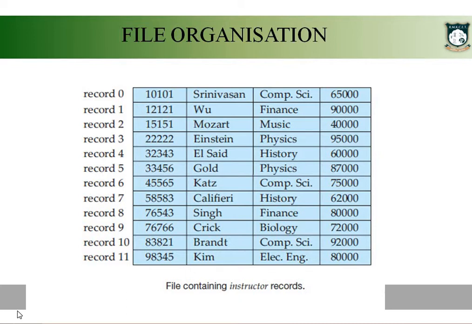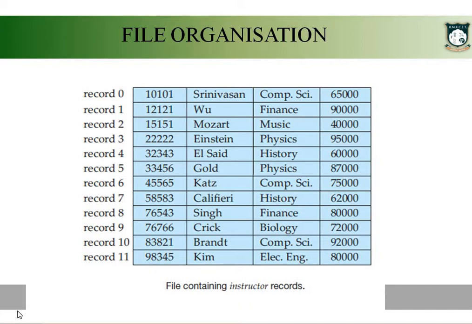Now for example, just consider the example that is presented on the screen. There is an instructor table with 4 fields: instructor ID, instructor name, the subject handled by the instructor, and the salary. Now let us consider that each field takes 25 bits, just for example.